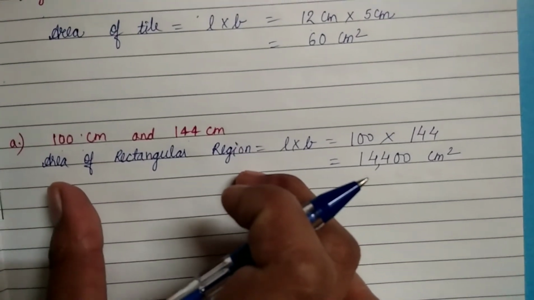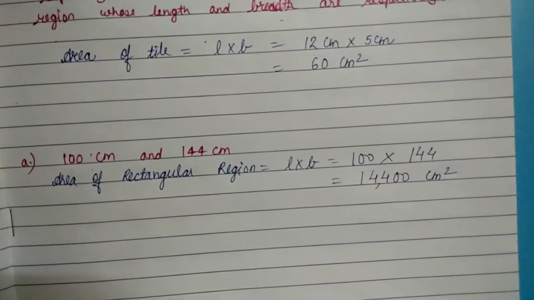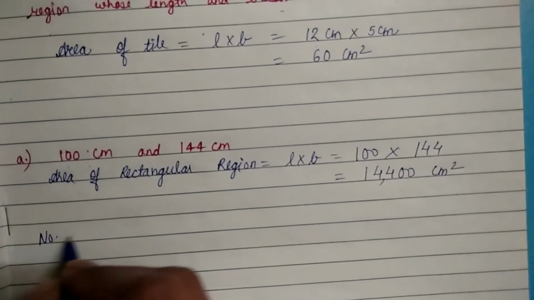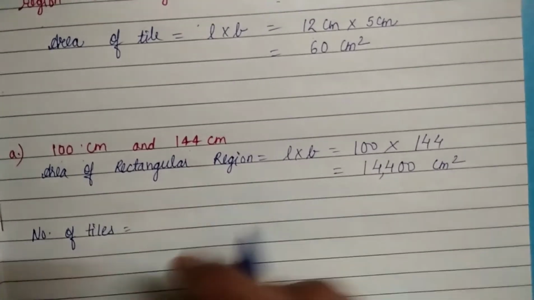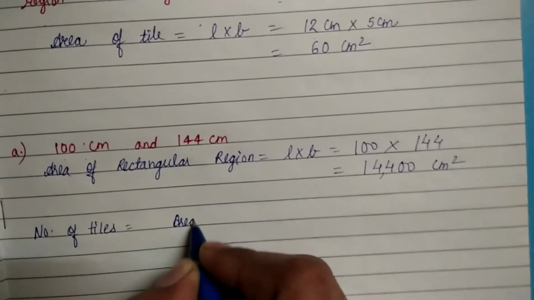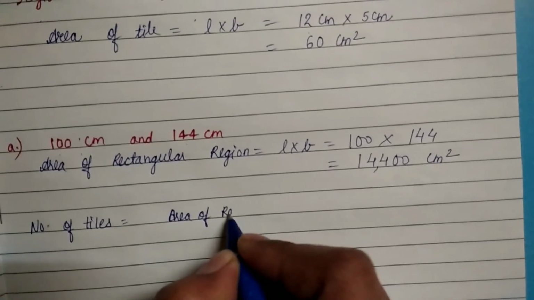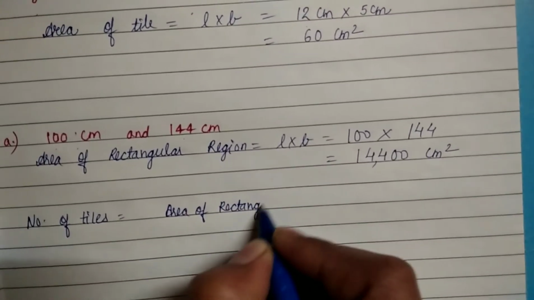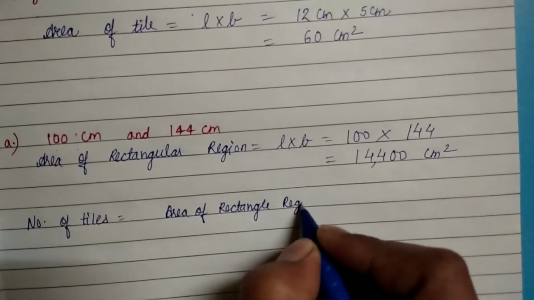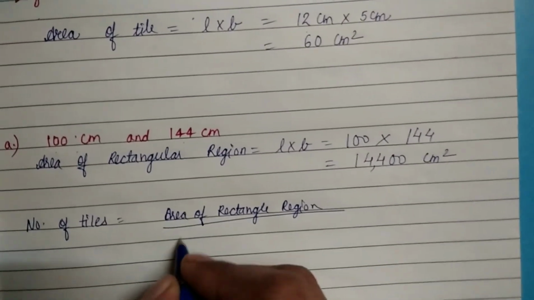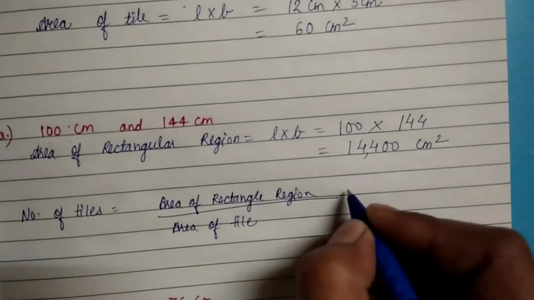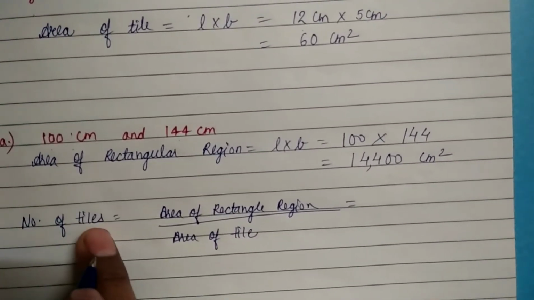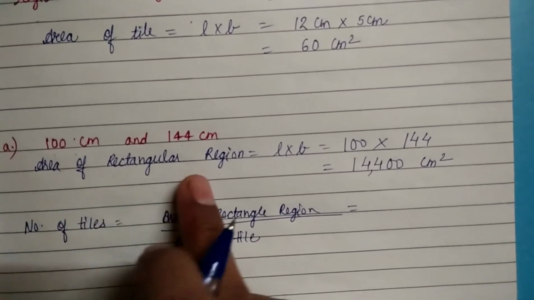But in this rectangular region we have to fit the tiles. So how many tiles will fit inside this rectangular region? The area of the rectangular region will be divided by the area of a tile, to get the number of tiles which can be fit inside.